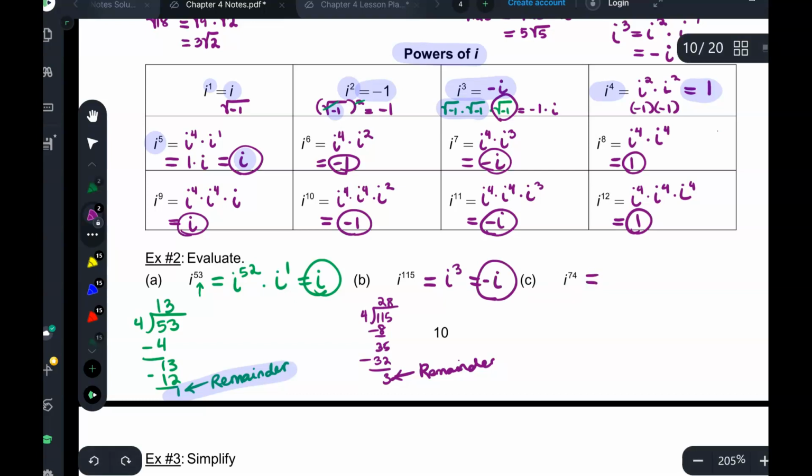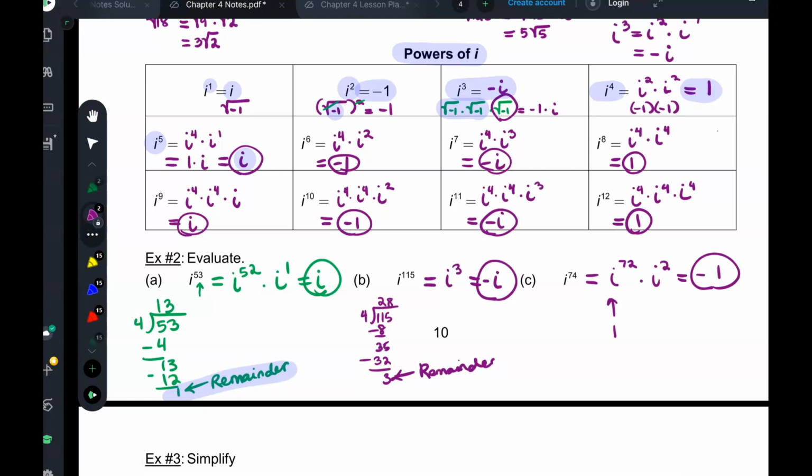For 74, I can divide that, or we can just look. I recognize that i to the 72nd power, 72 is a multiple of 4, so that has to be 1. And then I have times i squared, so we get -1 for the result. So again, it's always going back to that power of 4, and then what do we have left over?